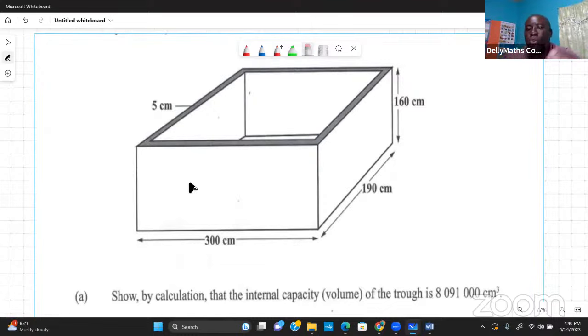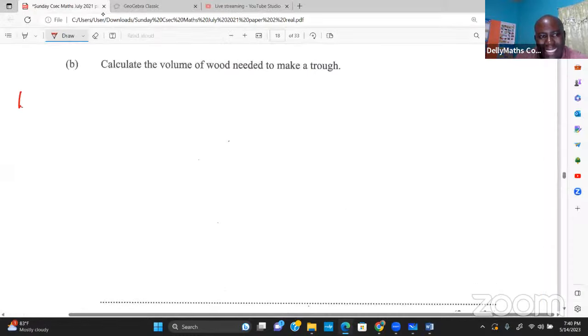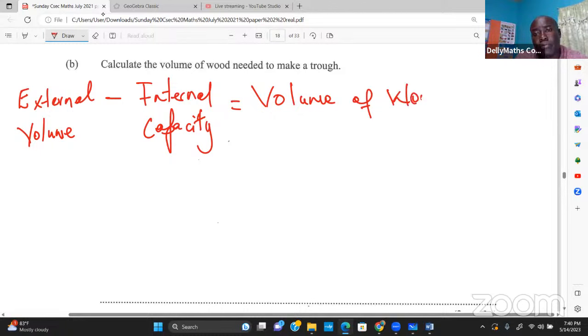Now the wood that you could hold would be a unique idea. We're going to have to find that external volume. And when I minus my internal capacity, I am left with the volume of the wood.